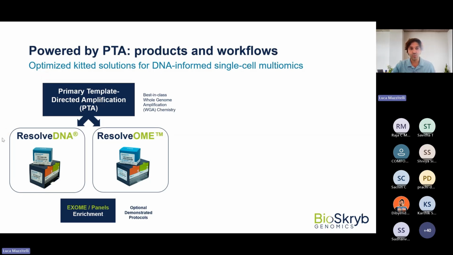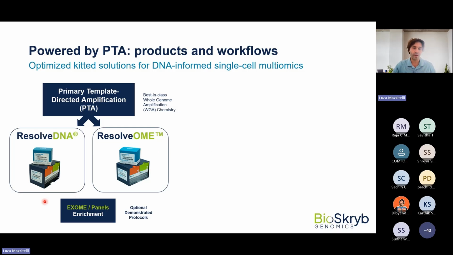The two solutions are called ResolveDNA for whole genome amplification based on PTA, and ResolveOme, which is the multiomic approach that allows you to detect whole genome and analyze full-length transcriptome from the same single cell.